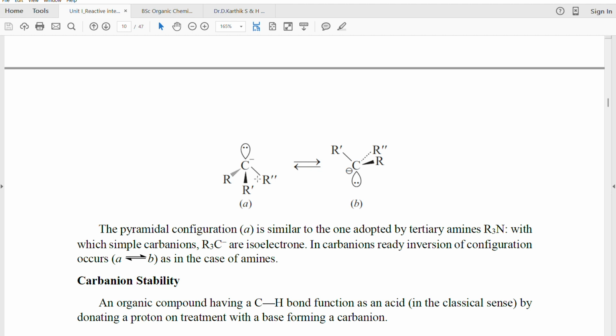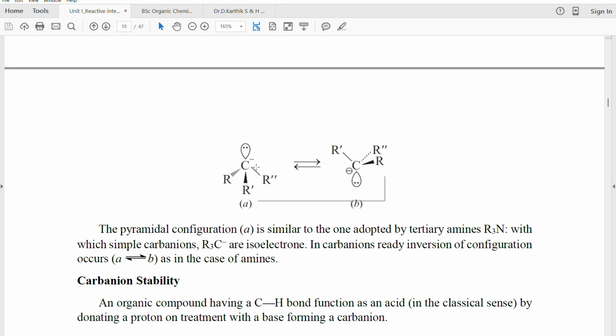This filled orbital is located on top of the carbon, so there is a repulsion between this filled orbital and the bond pairs of the three bonds to the substituents, either hydrogen or alkyl groups.